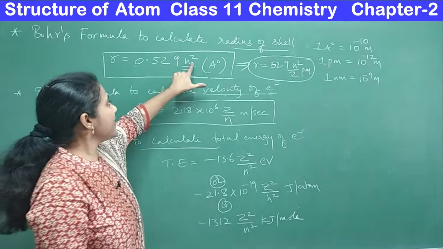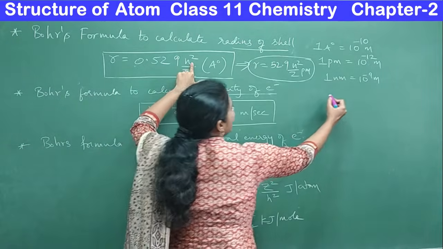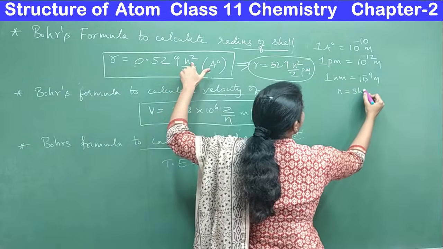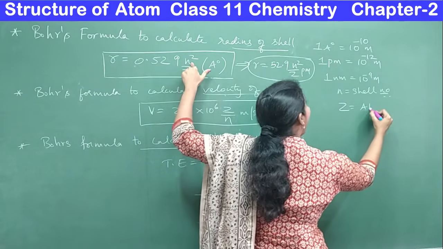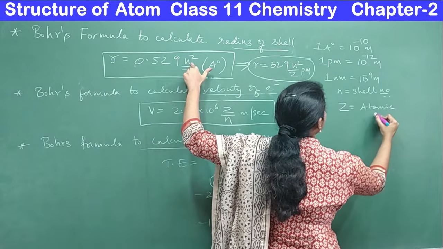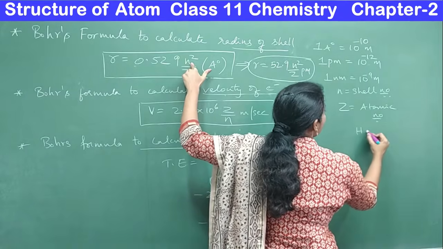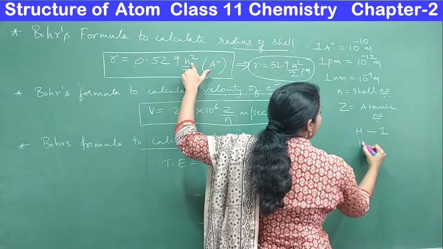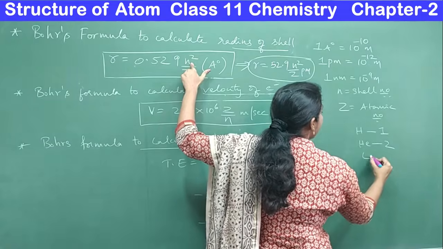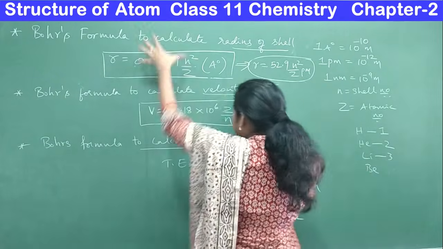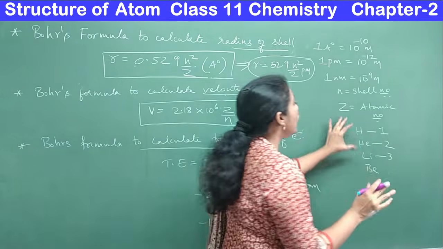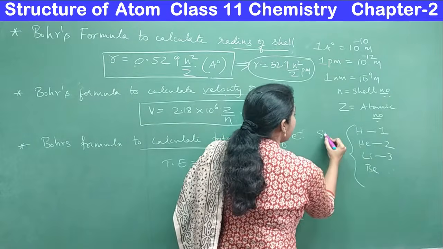So here, what is this n? n is nothing but the shell number, and Z is the atomic number. For hydrogen the Z value is 1, for helium the Z value is 2, for lithium the Z value is 3, for beryllium 4. All these formulas are applicable only for single electron species.